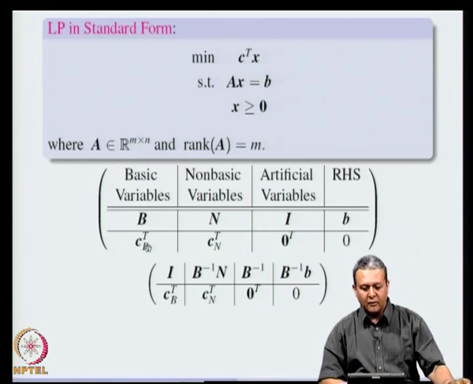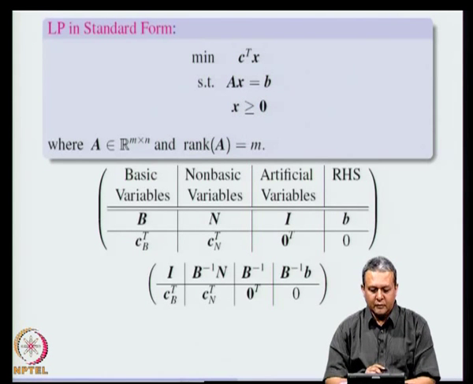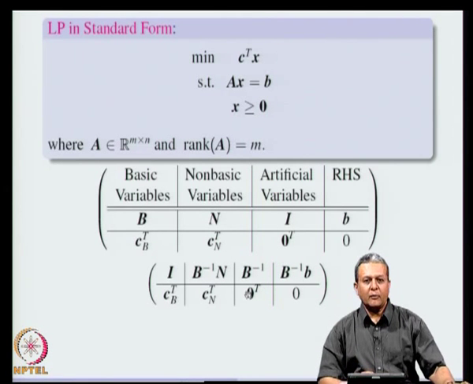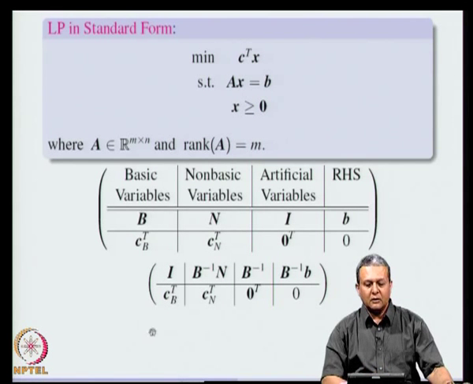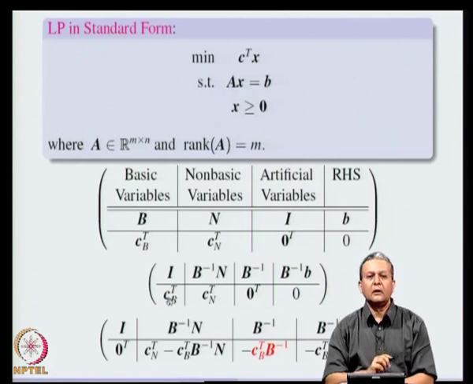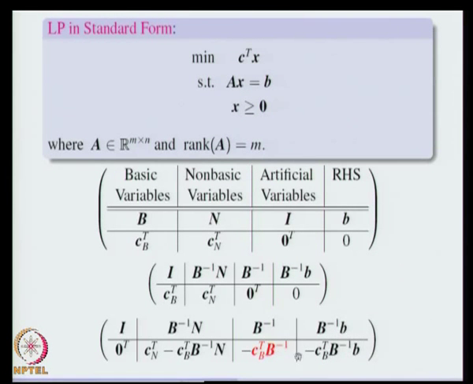So, this first tableau is obtained by simply multiplying the m rows by B inverse. Now, we do the second operation of subtracting C_B transpose times the m rows from the last row, and what we get is something like this.